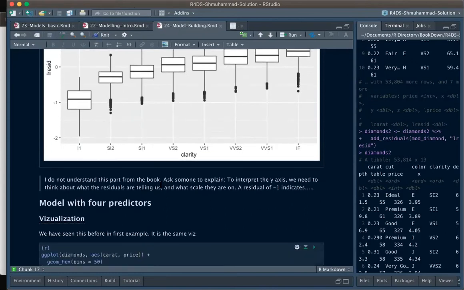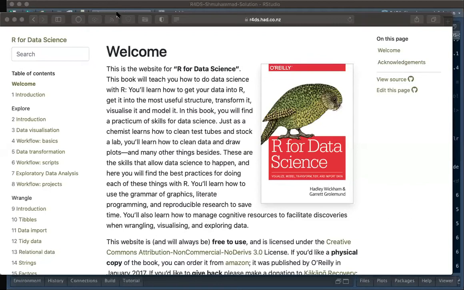But Hadley makes some statement, I think, from the book here, and I really don't quite understand what that means. Let me show you so that maybe one can interpret that. You can see, now we see the relationship we expect.